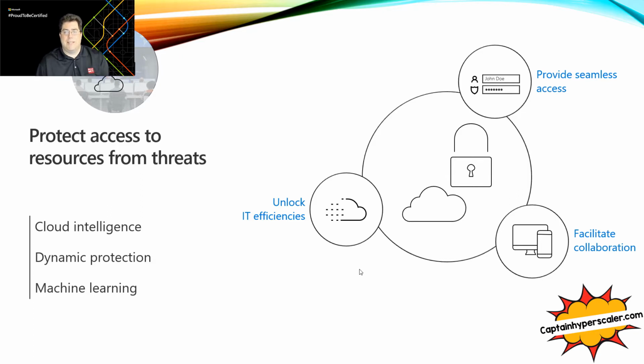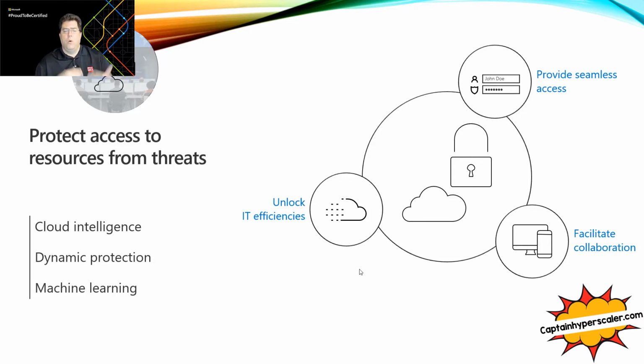So there's this constant little tug of war that takes place between the user environment and our IT group, our security groups, that need to understand what's going on with the environment. And so this builds this whole circle of what we're going to do in terms of our trust, but also make it as seamless and easy as we can for our users to access our environment.